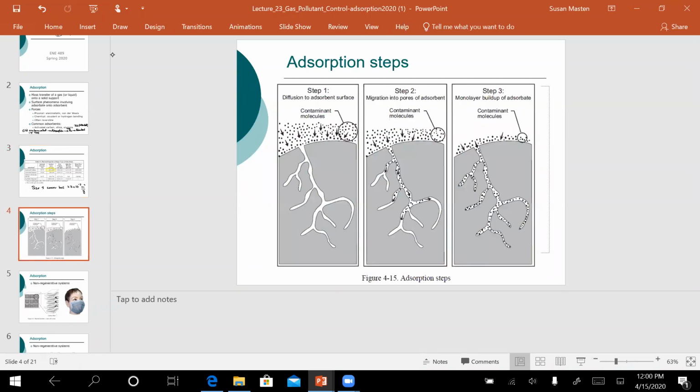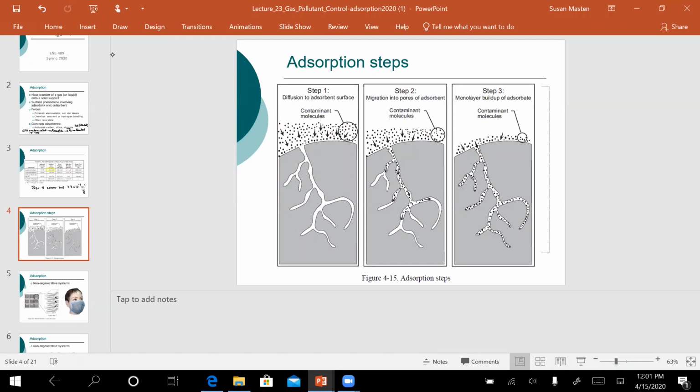Now, when we talk about these adsorption reactions, the molecule that we're trying to remove is initially in the bulk phase.